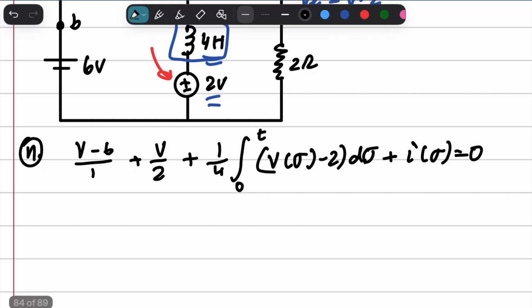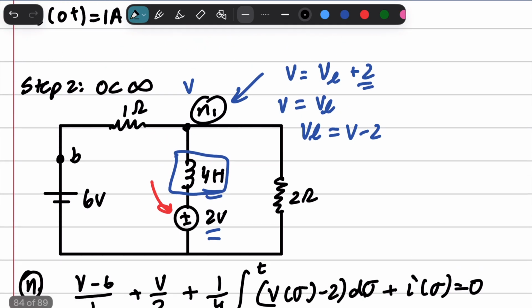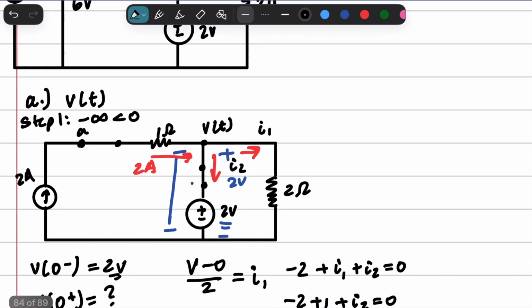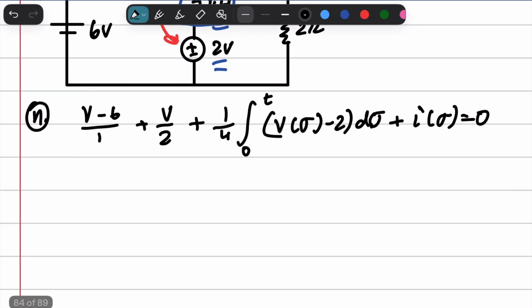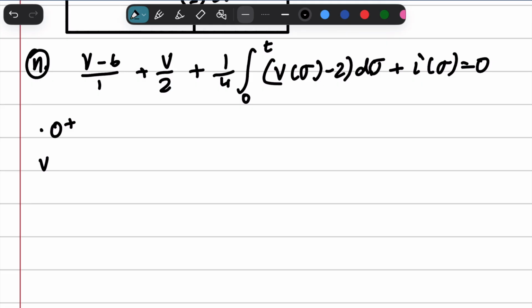So this battery is forcing a voltage into this inductor right when we get out of steady state, okay? Steady state being when this inductor is just a short circuit, okay? Now we can go ahead and plug in 0 plus so that we can find V of 0 plus.